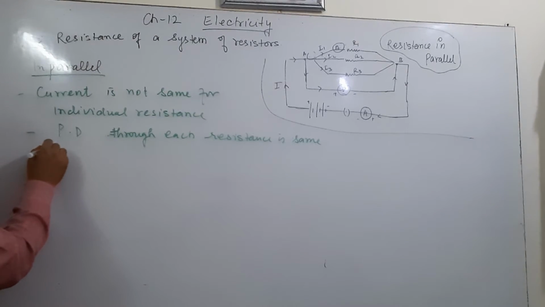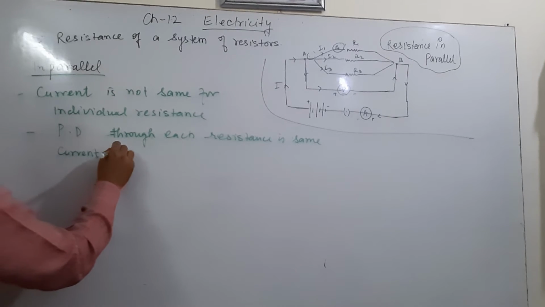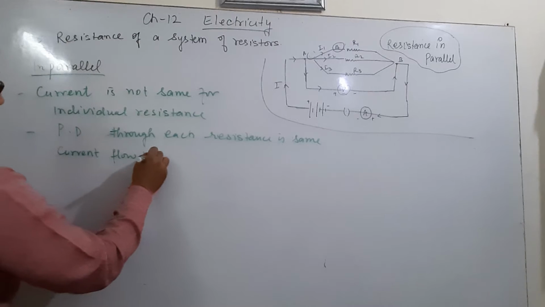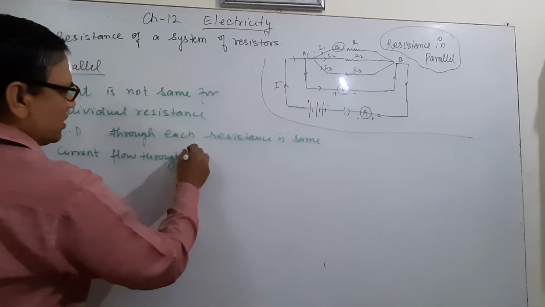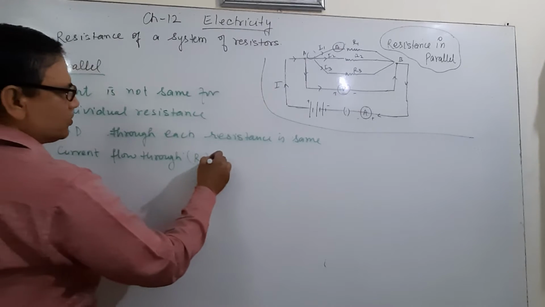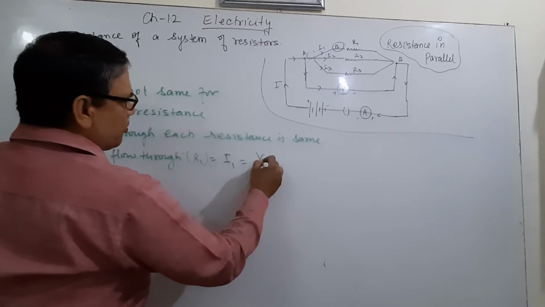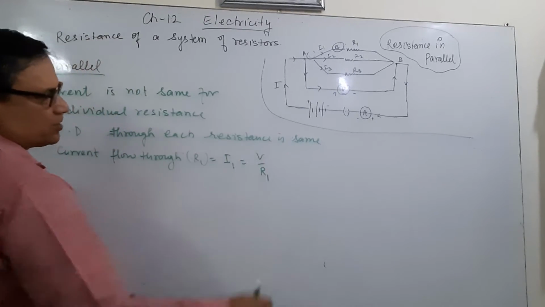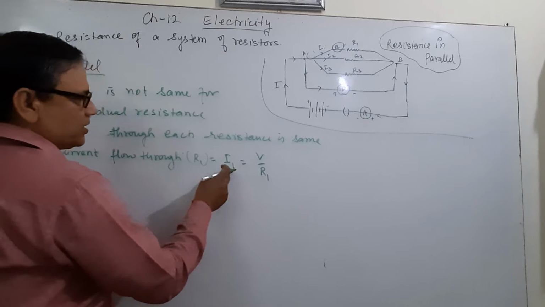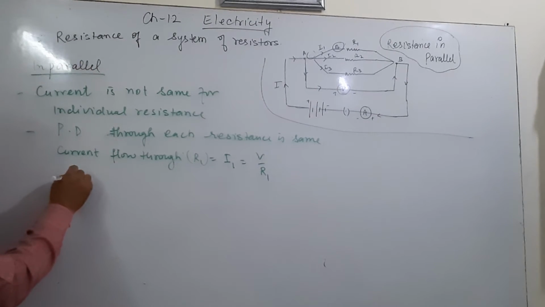Then the current flowing through R1, which is I1, is equal to V upon R1. Why? Because potential difference is the same and resistance is different. Therefore, this is I1.